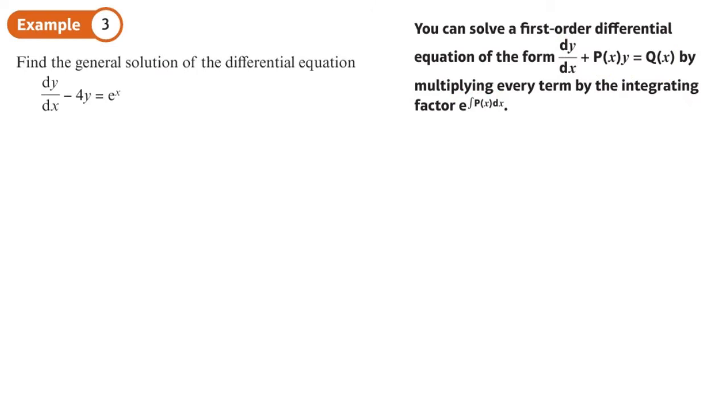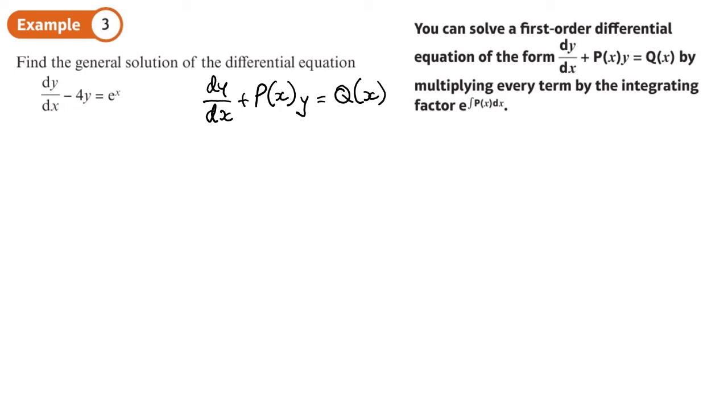Okay, so this one says find the general solution of this differential equation. If I were doing a question like this, the first thing I would do is to write down the form of this equation. Does it match up with this form of a differential equation?